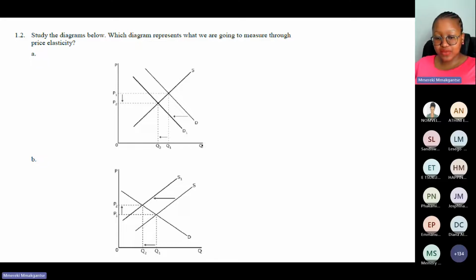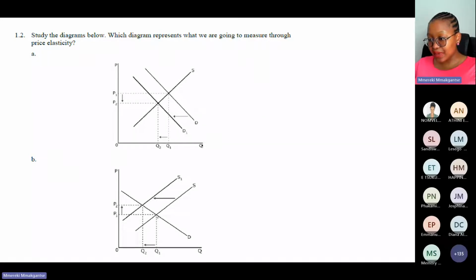Okay, correct. Most of you, if you said diagram B, you are correct. In diagram B, we see an increase in price due to a decrease in supply. As the price increases from 1 rand to 2 rand, there is an upward movement along the demand curve.